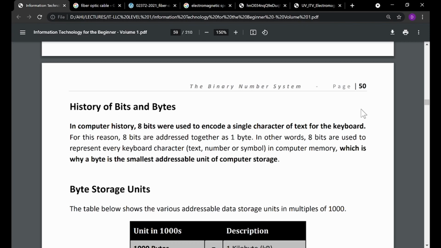For this reason, 8 bits are addressed together as 1 byte. In other words, 8 bits are used to represent every keyboard character, whether text, number, or symbol, inside computer memory. Which is why a byte is the smallest addressable unit of computer storage. Are you here with me?